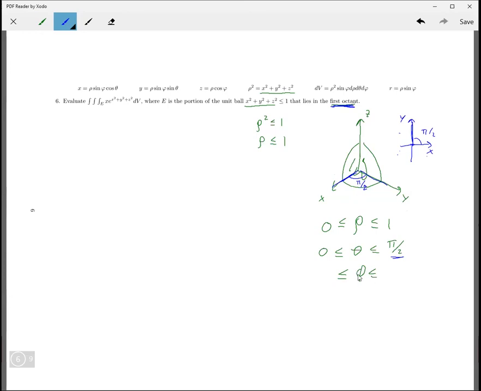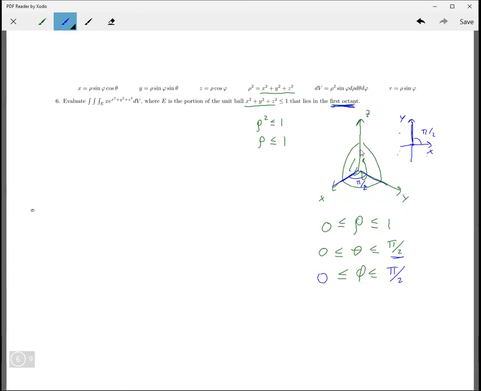Okay, what about phi? 0 to pi. Actually, 0 to pi over 2, because that's a really confusing one. 0 to pi is the maximum that this can be.